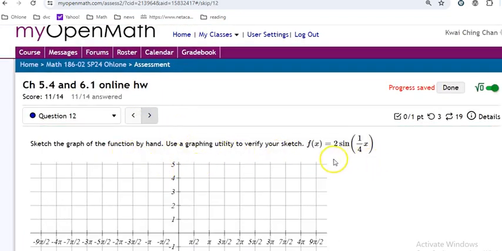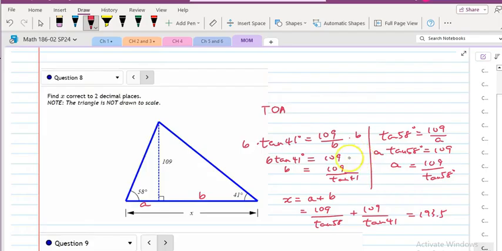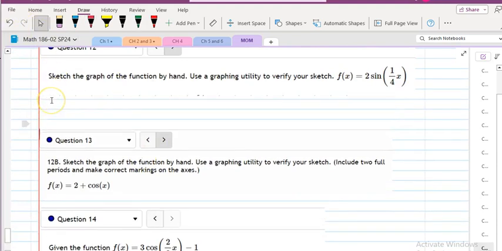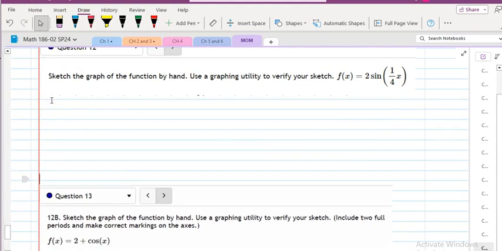Sketch the graph by hand: 2 sine 1/4 x. Let's go to the notes to do some work, this one. We don't know any points that we need to graph. I have 2 outside, so the amplitude is equal to 2, and there's no plus d, so the midline is still y equals 0.